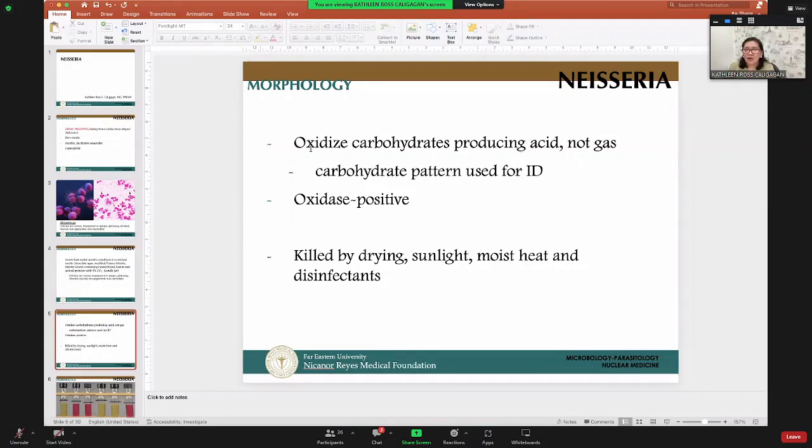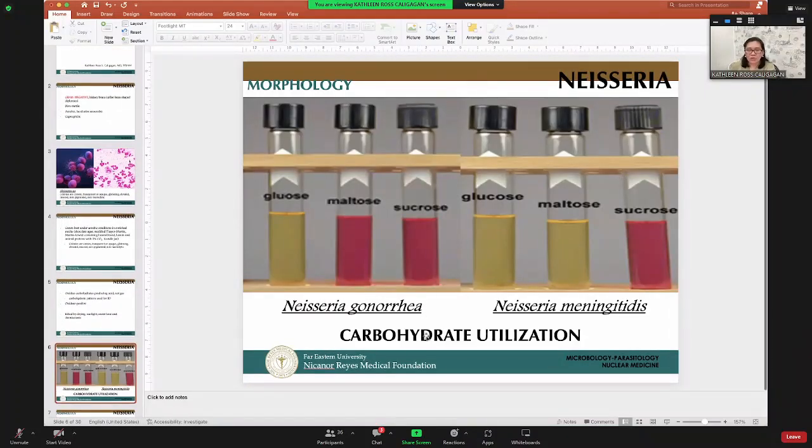And they oxidize carbohydrates by producing acid but not gas. So the oxidation of carbohydrate can be used to identify the species of Neisseria. There are two important species in medicine, Neisseria gonorrhoeae and Neisseria meningitidis.